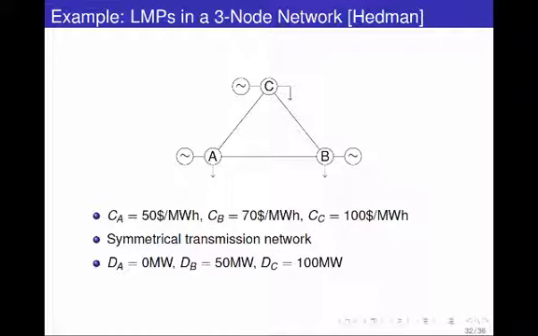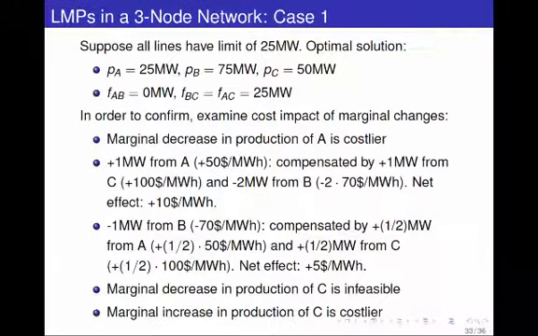So let's see how these LMPs can behave and how we actually can derive them. The first example we're going to see is all the lines have the same limit, 25 megawatts. A very useful exercise to understand LMPs and loop flows is to identify why the optimal solution is what it is.